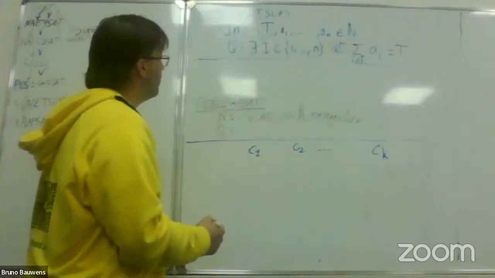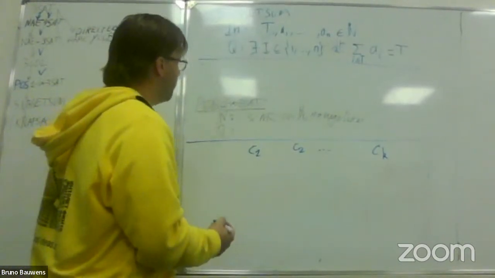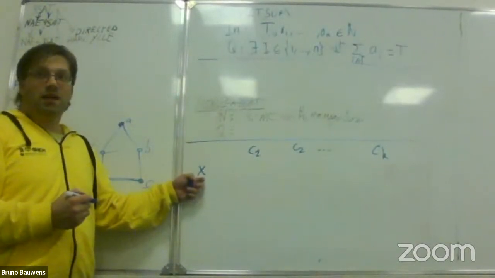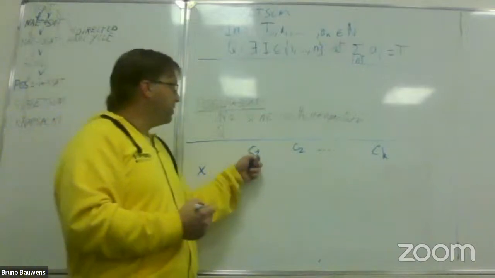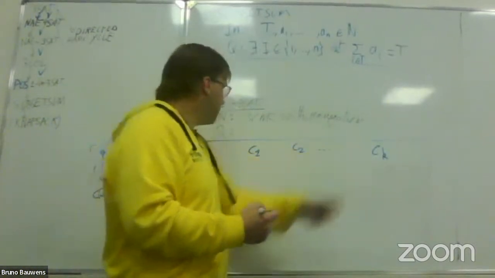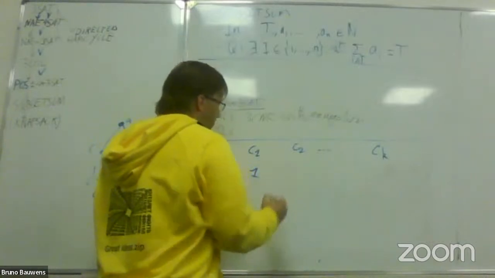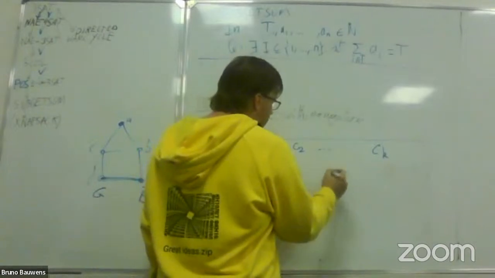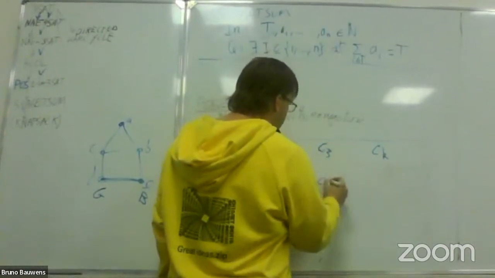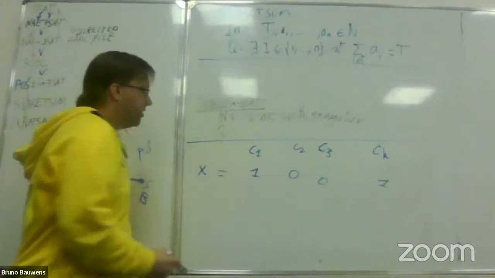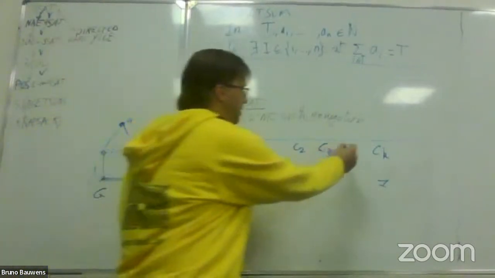Imagine the first variable is x, and x appears positive in clause 1, negative in 2, and maybe positive in the last one. Then the decimal expansion of our number will be 1, 0, and so on. So x will be just this number.